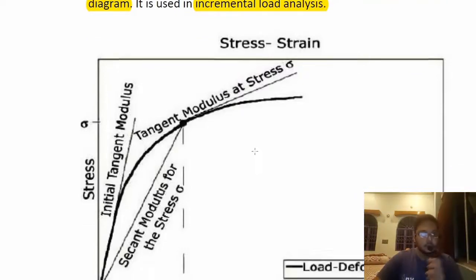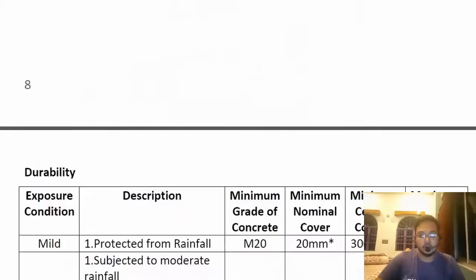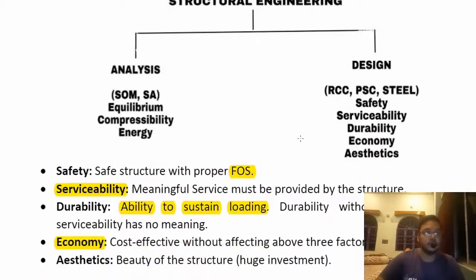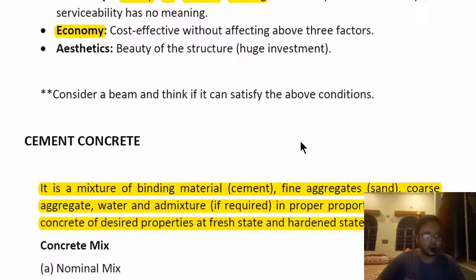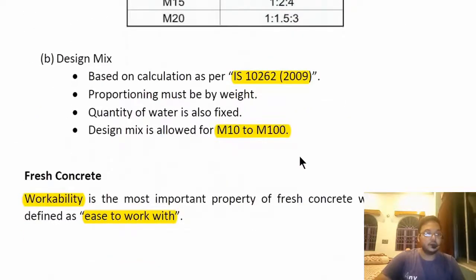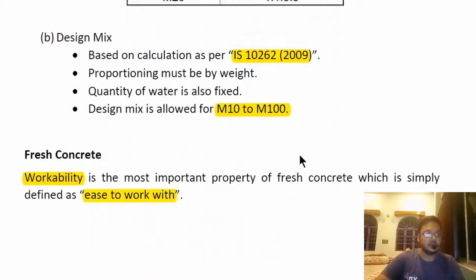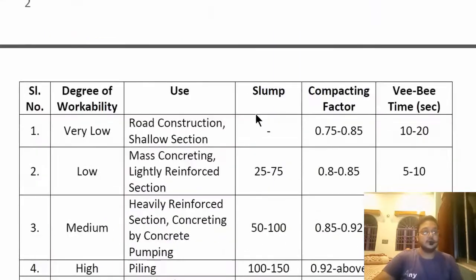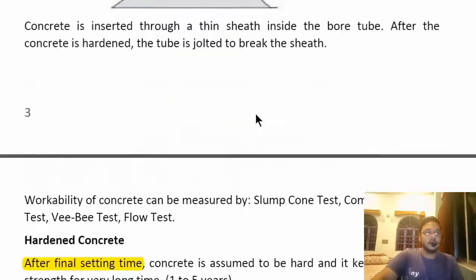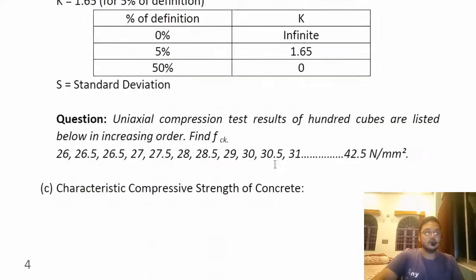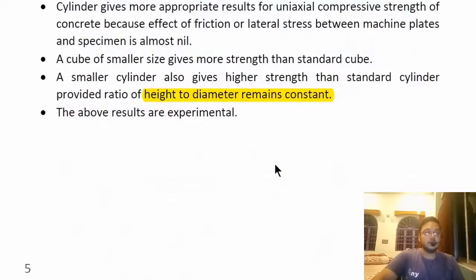Previously we started the introduction of how we deal with RCC, where we need to read the RCC or its design. Then we read about cement concrete, and about two different concrete mixes, the design mix and the nominal mix. Then comes the fresh concrete, where we discussed workability, and then the hardened concrete, where we discussed the various strengths of the concrete.